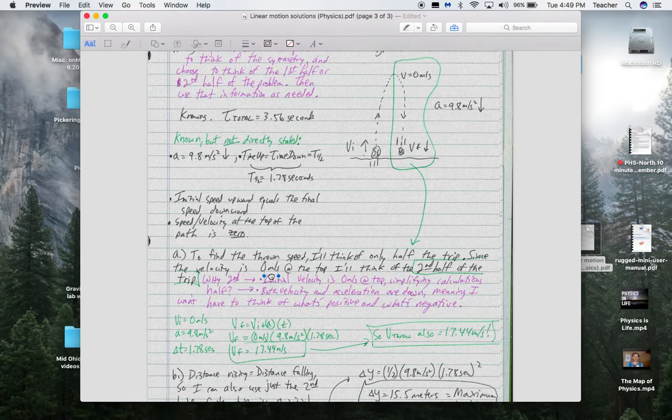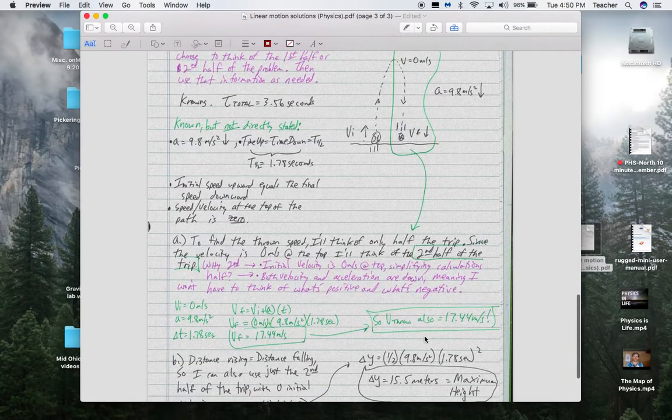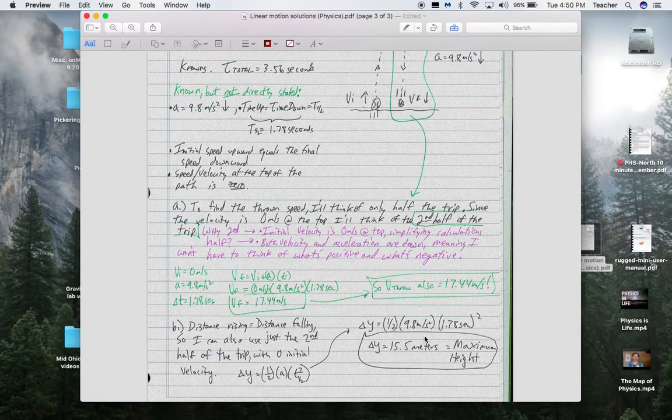Gonna fix this one as well. So you can see there's a plus in there. And I get 17.44 meters per second. So the throw must also be 17.44 meters per second up.